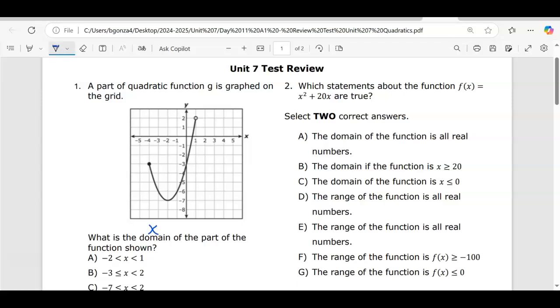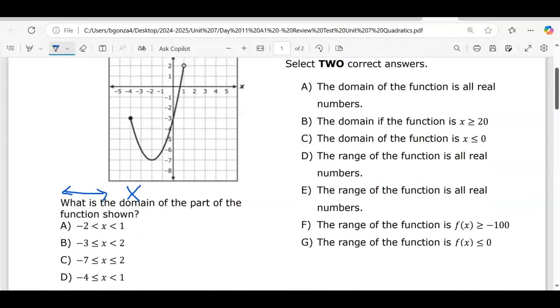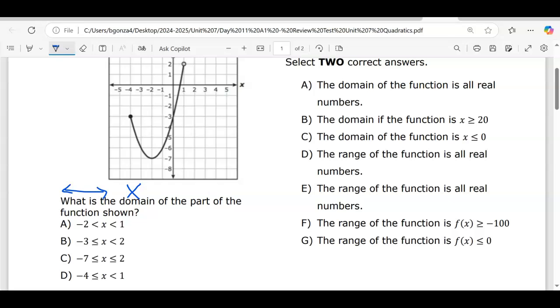Domain is x, and it's from left to right. Okay, so I'm going to look at the leftmost point on this graph. This graph goes all the way here, and it's shaded in at, on the x-axis, -4.